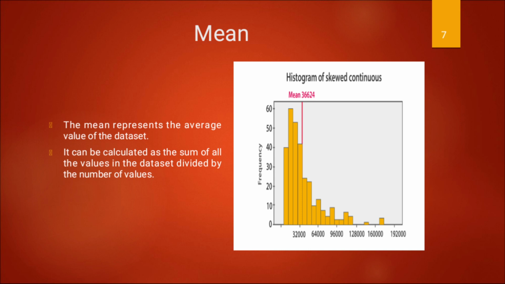There is a given diagram in which the mean is 36624, and most of the values lie around the central tendency, that is the mean.